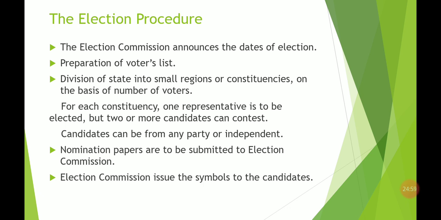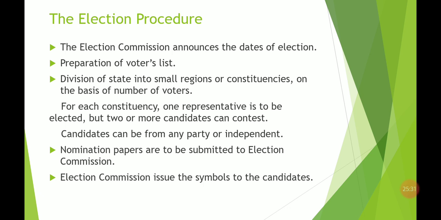Only if the candidate's details are correct, and whatever declaration he has given is correct, will the candidate be nominated and be able to take part in the election procedure.